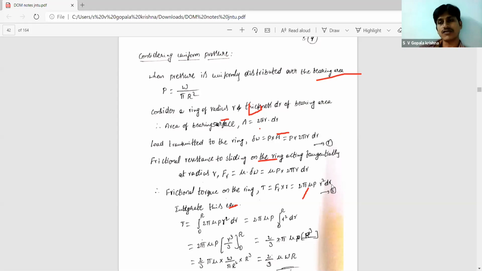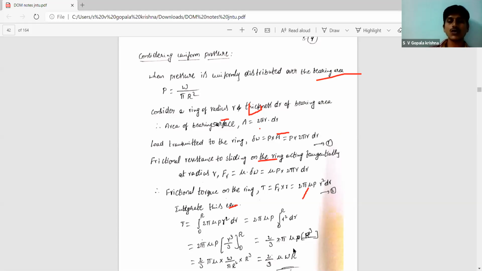So when we find the frictional torque on the ring, then we simply find the total frictional torque on the flat pivot bearing. For that, simply integrate the above equation.